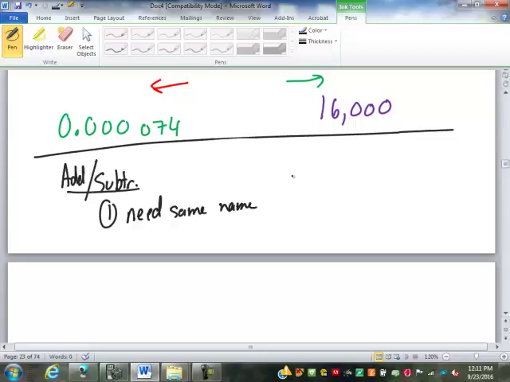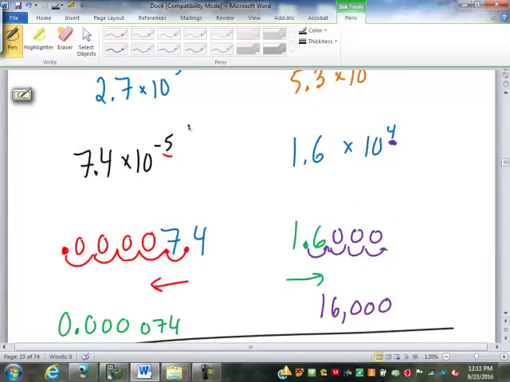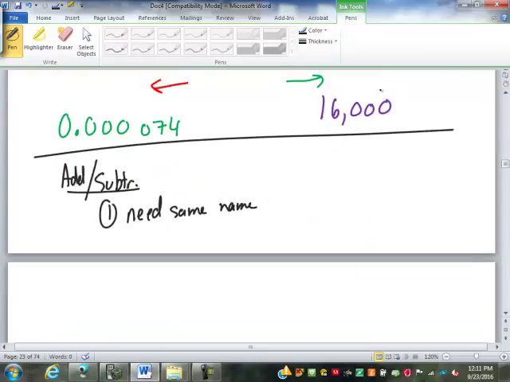Tens, hundreds, thousands, whatever. In our scientific notation, place value is indicated by that power of 10. So to add or subtract, they must have the same power of 10. Then, of course, the second thing is you combine counts and you keep the same name.